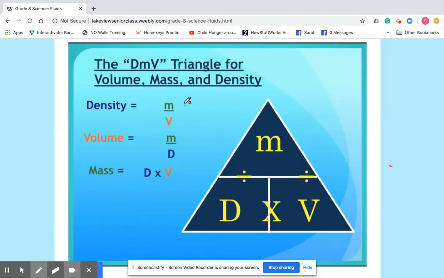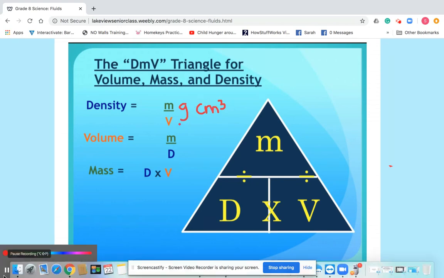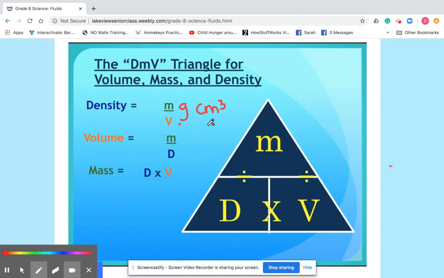So mass is going to be in grams for solids, and volume is going to be in centimeters cubed if I have regular objects that I can use in the density formula, or milliliters, what we had said before. So centimeters cubed, I apologize, is for regular objects, and milliliters for liquids.